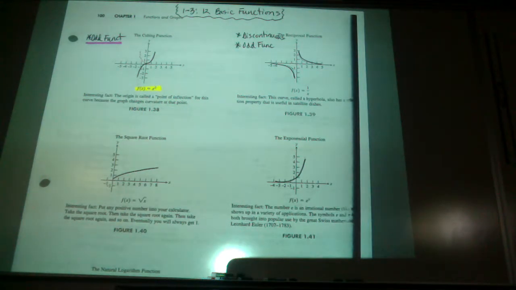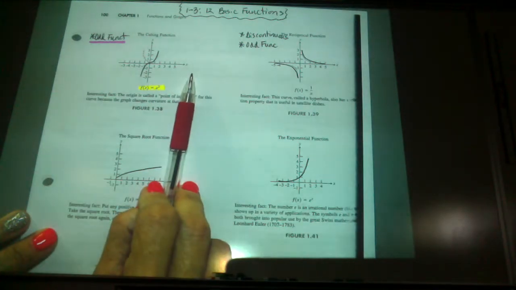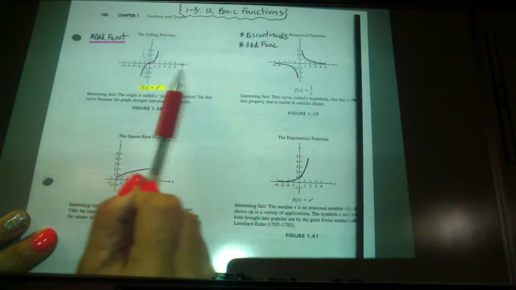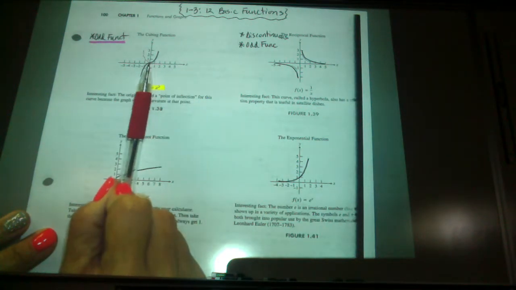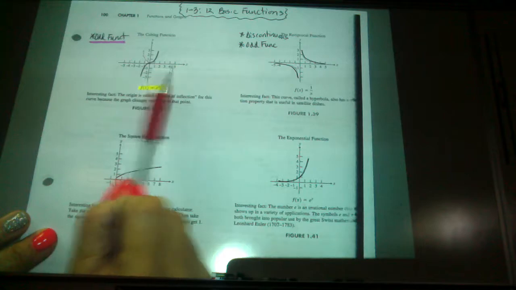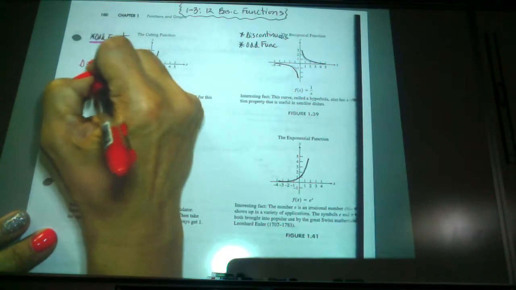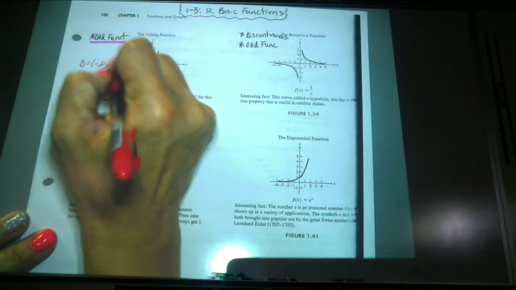What is the domain? Going from left to right, what's the domain of this function? Negative infinity. It goes past zero, right? You have x values here that are over here, so it goes to positive infinity, doesn't it? So the domain goes from negative infinity to positive infinity.